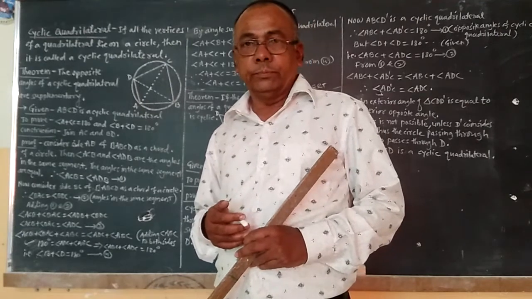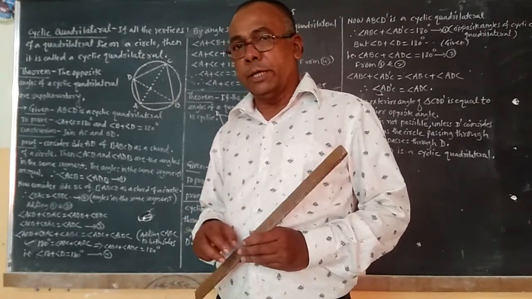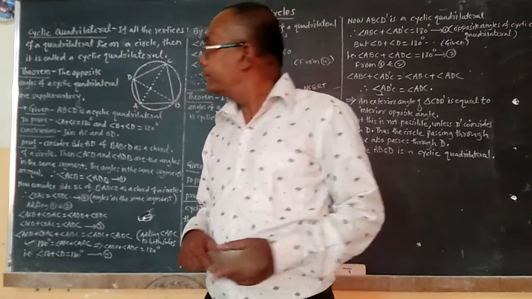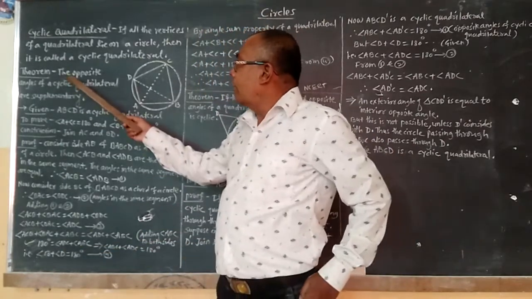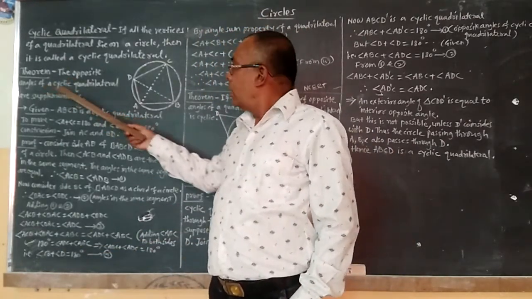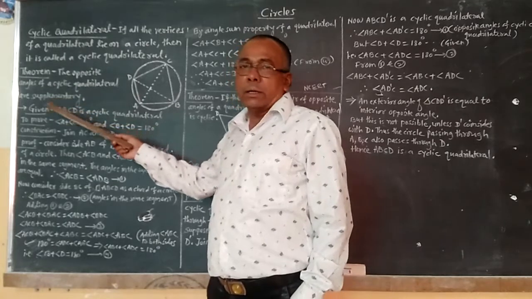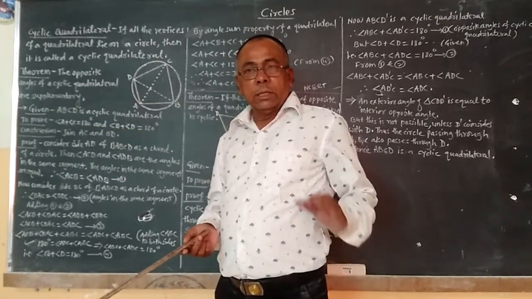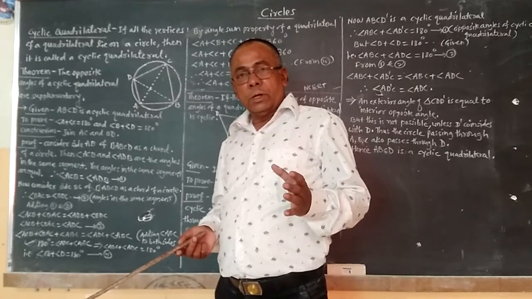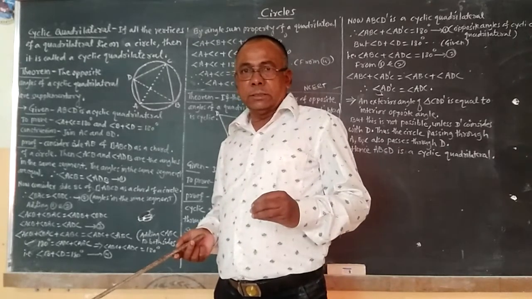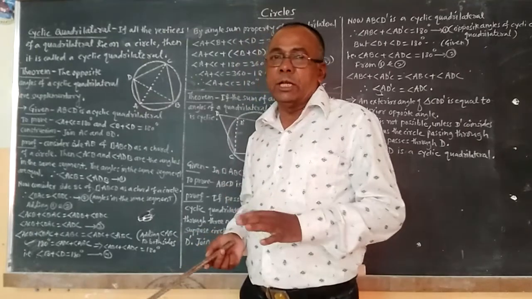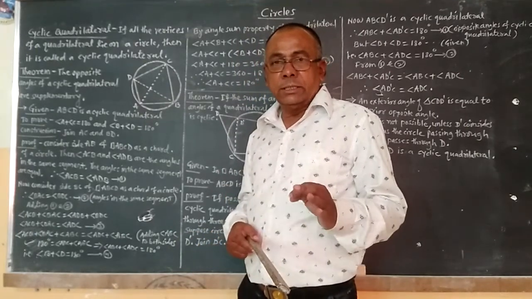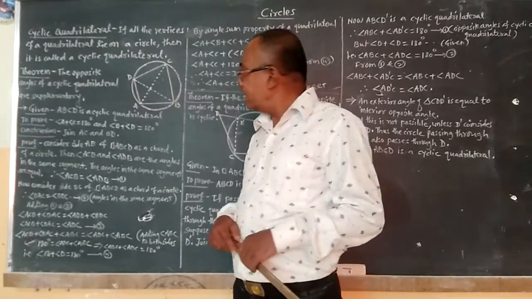And now we will study the property of the cyclic quadrilateral, that the opposite angles of a cyclic quadrilateral are supplementary, or the sum of the opposite angles of a cyclic quadrilateral is 180 degrees.